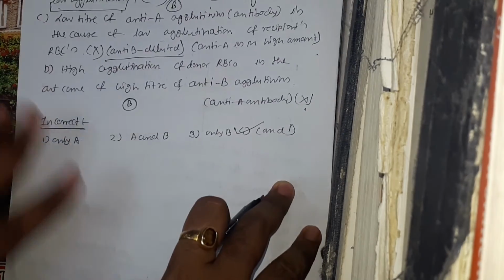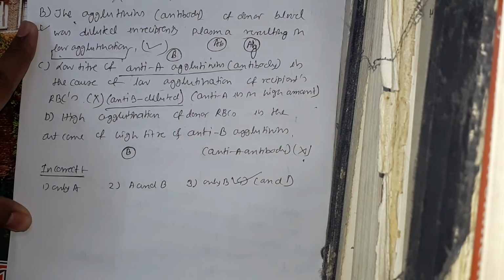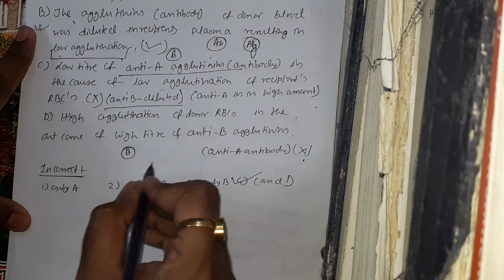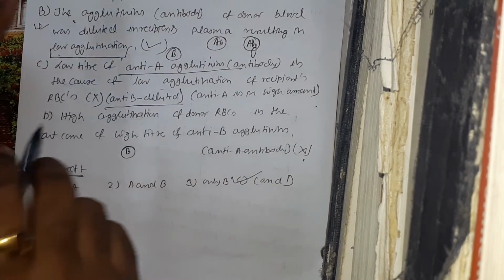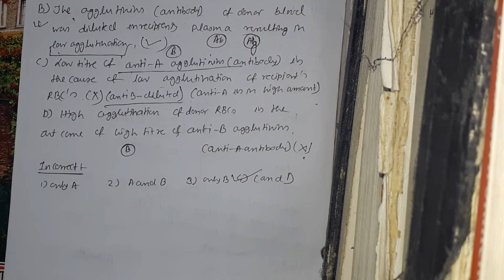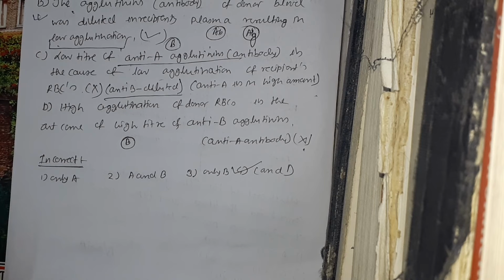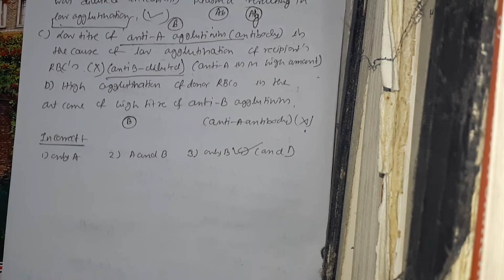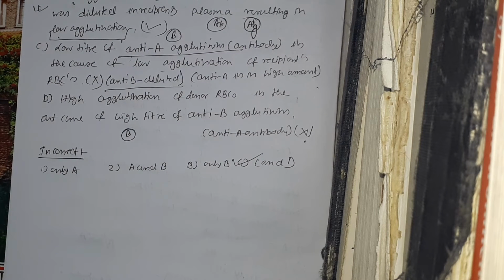So there is no place for anti-B antibodies for performing agglutination, as we are only bothered about RBC's antibody, and RBC's antibody here is anti-B. Low titer of antibody is the cause of low agglutination of recipient's RBC.